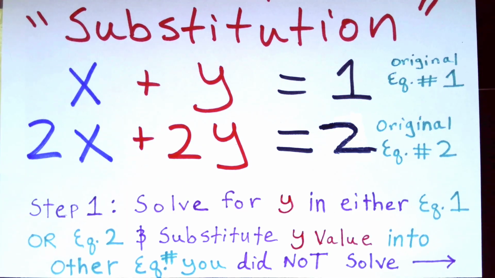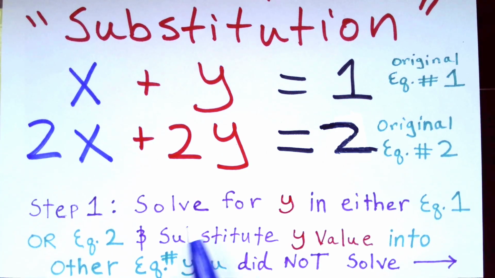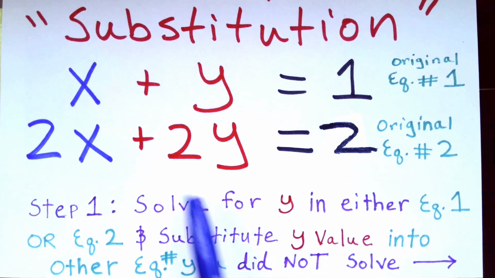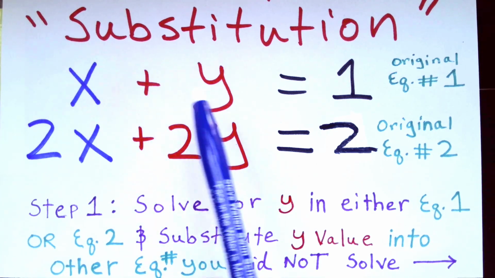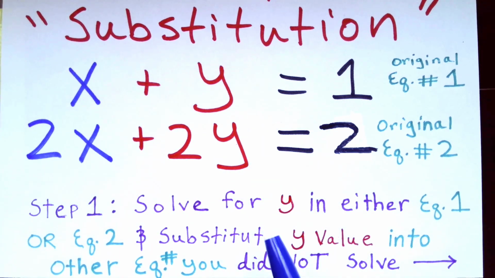All right, so just a quick review. Step 1, you're going to want to solve for y or x. You could solve for x, which means you'd have to eliminate the y and get x all by itself on the left side of the equal sign. But I'm going to solve for y in either equation 1 or equation 2. I choose which one to solve for.